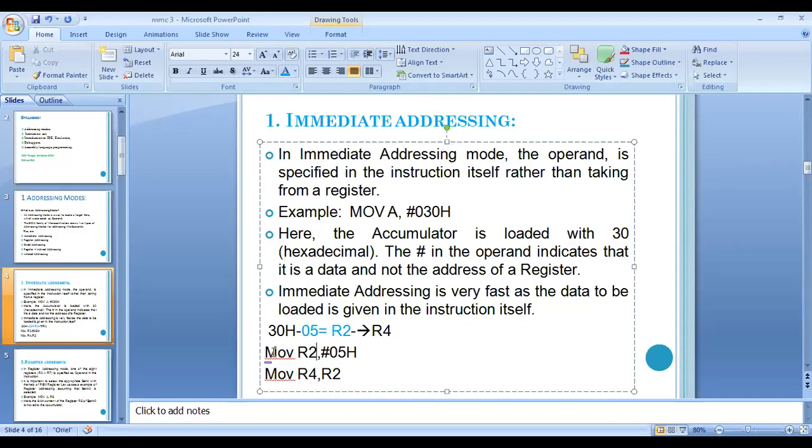So by using the first instruction I am going to assign 05 to the R2 register. Move 05 into R2 means after the execution of this instruction, what is the value of R2? It is 05. Now in the second instruction, whatever the value of R2, copy that value into R4. Means after execution of this instruction, what is the value of R4? It is 05. Is it okay?